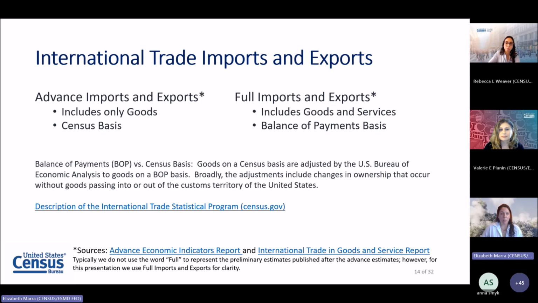And then second, advanced estimates are produced on a census basis, while the full estimates are produced on a balance of payments basis. I don't have time to discuss the nuances of this difference, but it suffices to know that for both of these reasons, we can't use advanced trade data in the same way that we use advanced data from other surveys, like we do for retail.